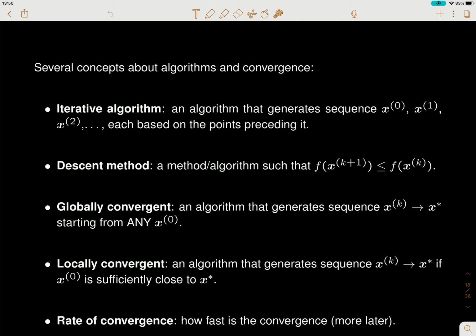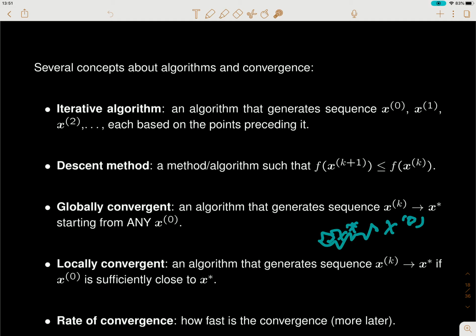Okay, this is local convergence. So that means if you have, say, this is your x star, and you start from very far away, maybe it will eventually go away.